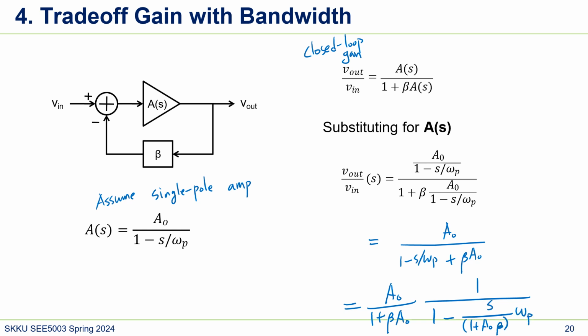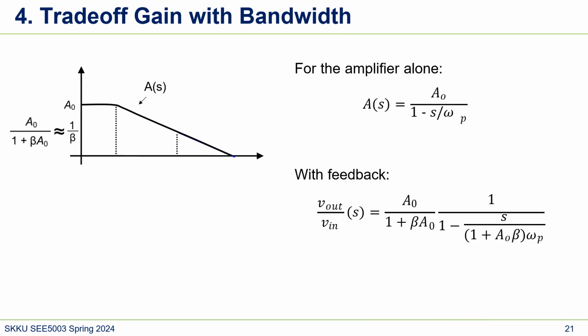So this is our new transfer function. With a given calculation, assuming that the amplifier is a single pole system, this is just an assumption, but it can give us a very great intuition. So with this feedback, the closed loop will make this equation.